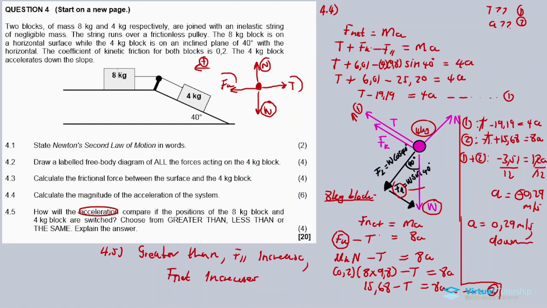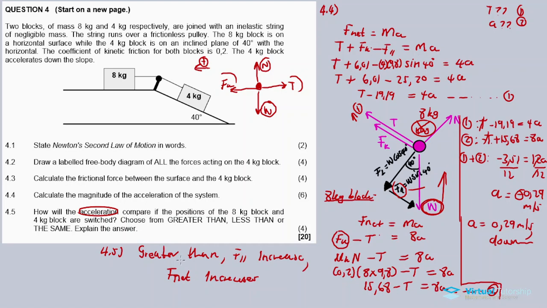So when I take the 8 and put it on the incline and put the 4 on the other side, the system will have a higher acceleration. Instead of 4 here, there is now the 8 kilogram block. Thus the weight increases, which makes the system accelerate much more quickly. So that is why the F parallel increases now, because there is a bigger mass.